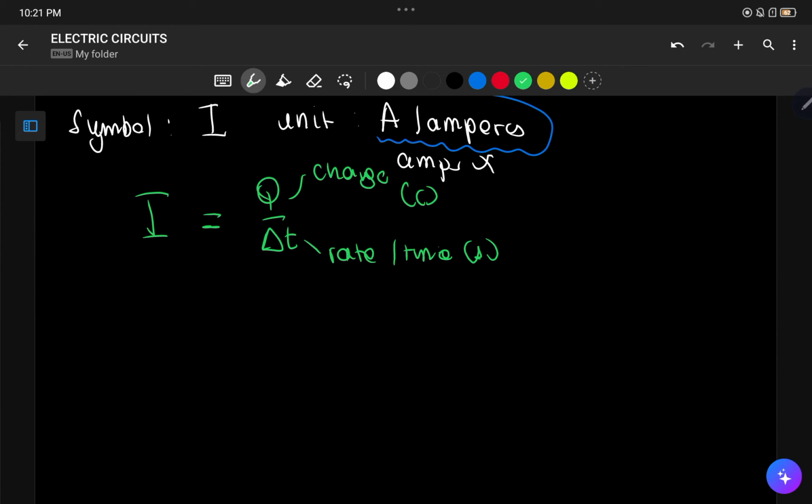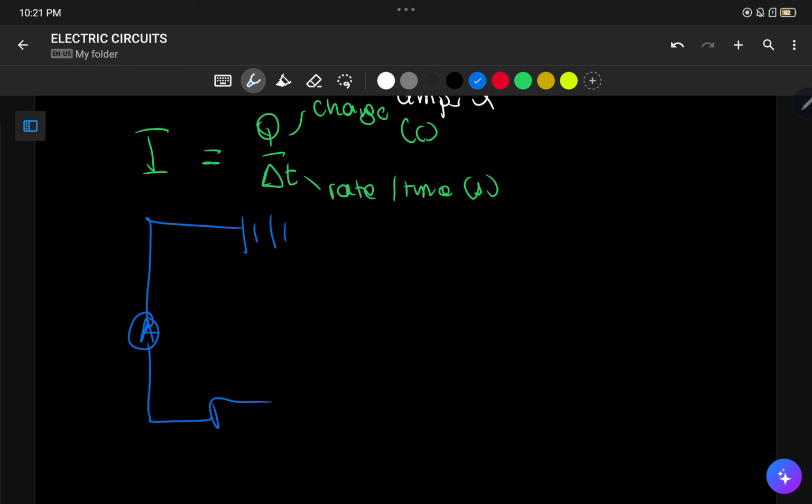So when there's a flow of current in the circuit, to illustrate how current is flowing, we use arrows. Let's say, for example, you have an illustration where you have the battery, your electrical circuit, a resistor, and a closed switch. To show current, which direction is the current flowing to?